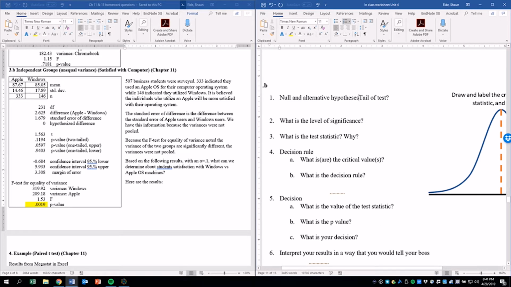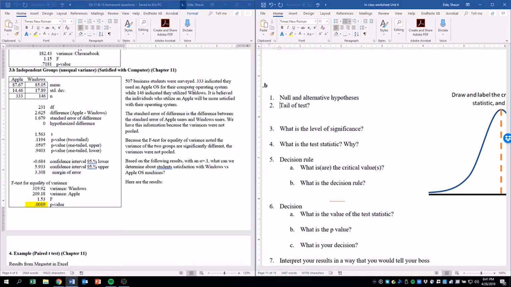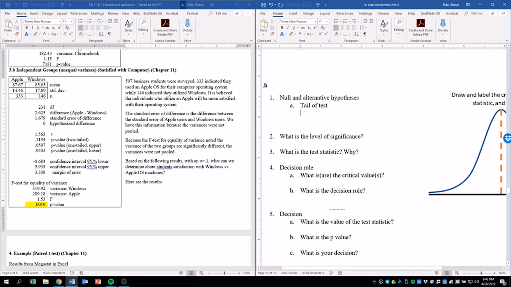And so we look at this right away, and we know, okay, 507 business students. It is believed the individuals who utilize an Apple will be more satisfied with their operating system than Windows. So we know right away the tail of test that we have, because it says Apple will be more satisfied, we know that this is a one tail upper.